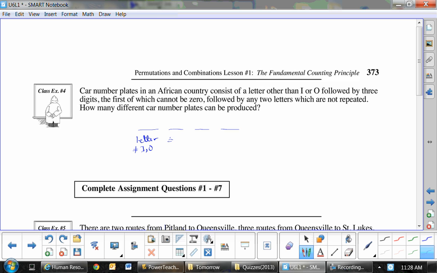The first cannot equal 0. And after that we're followed by 2 letters, and these cannot be repeated. So what have I done? I've put my blanks down, and I've put my restrictions in.